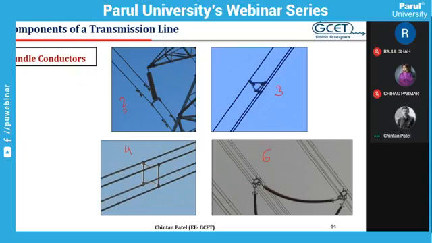In India, generally, bundle conductors are provided in transmission lines of 400 kV or beyond that. So if the line voltage VL is more than or equal to 400 kV, bundle conductors are used. So generally in 400 kV, 2, 3 and 4 conductors per bundle per phase are used.